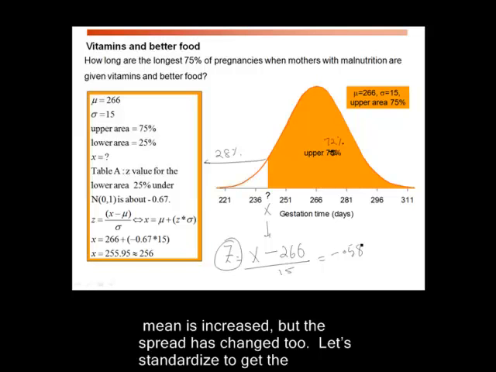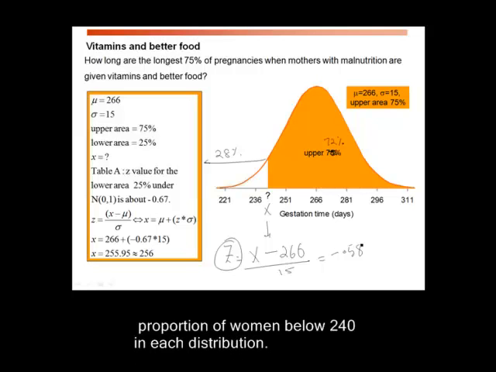Look for the value 0.28 inside the table. The closest you will see is 0.2810. So that's negative 0.58. Can you tell me the value of x?